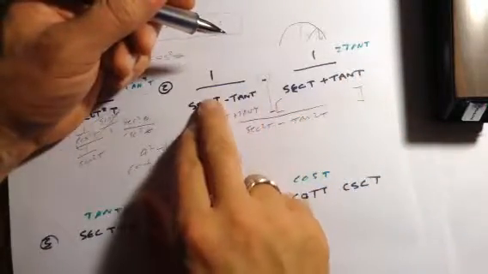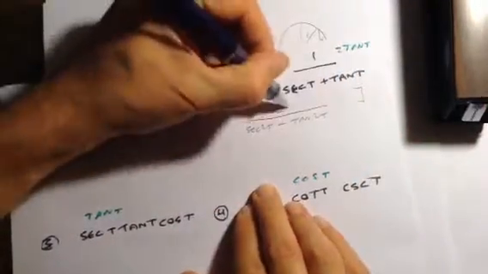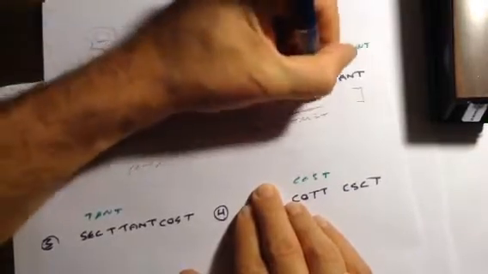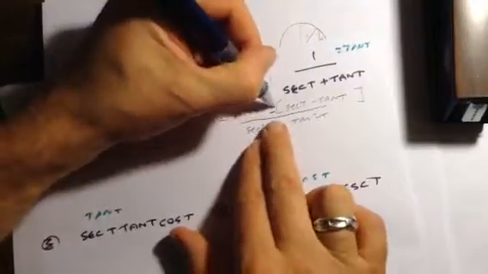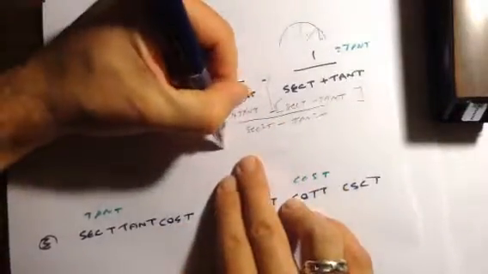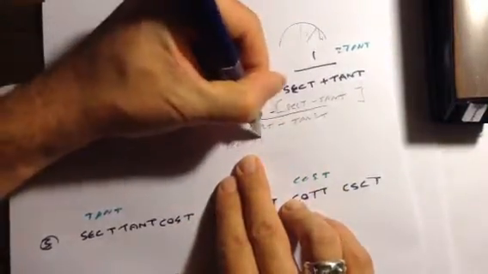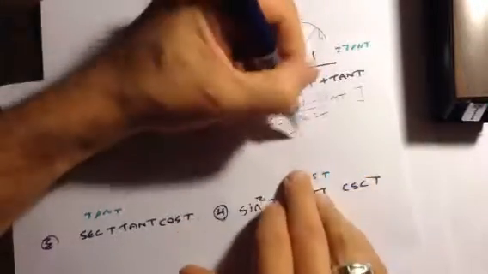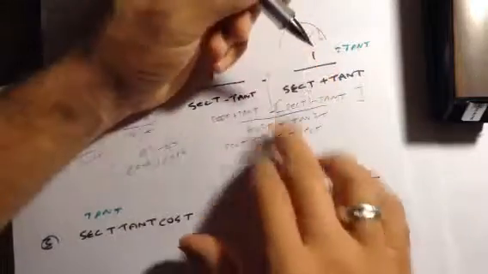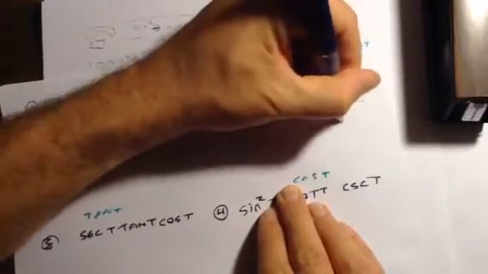Must go in this many times, and this times this. So now I have secant of t minus tan of t. Okay? Now I'm going to distribute through this negative 1, and I'm going to do it right here. So I'll have secant of t plus tan of t, and I have a negative secant of t, and negative, negative, positive tan of t.